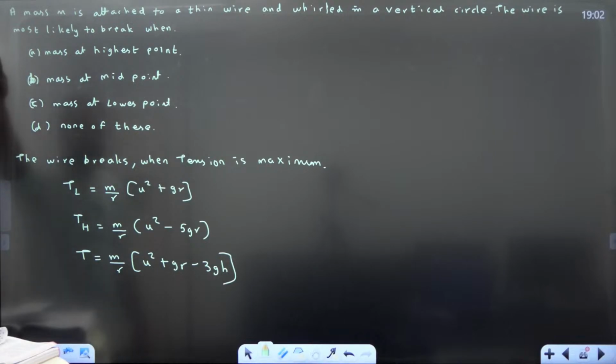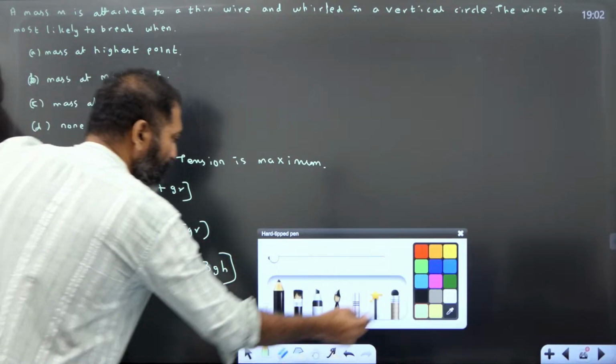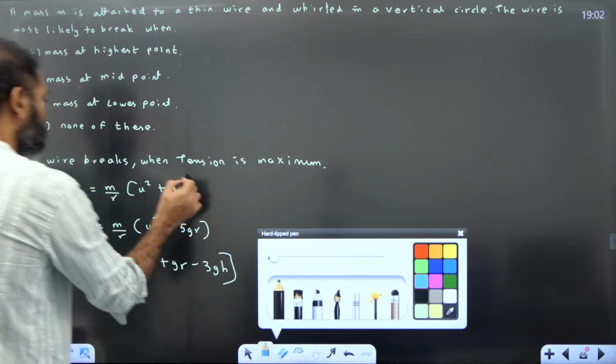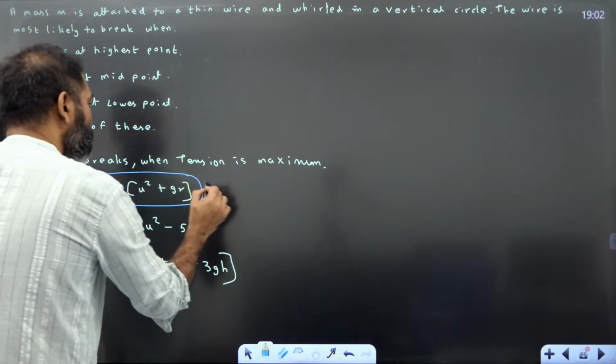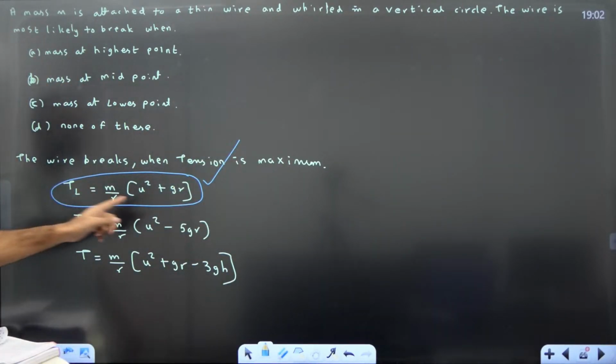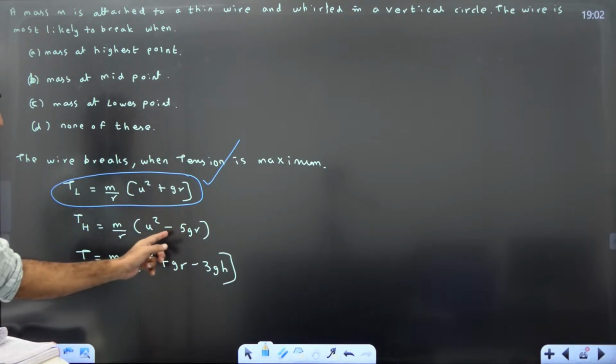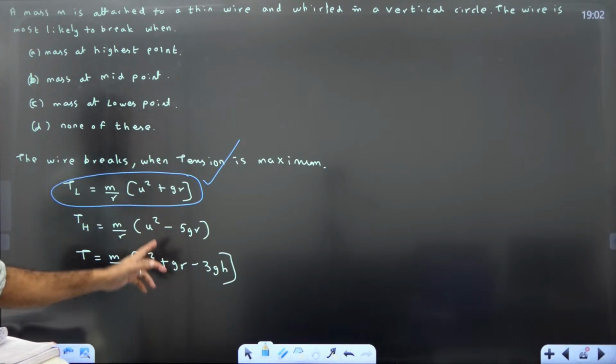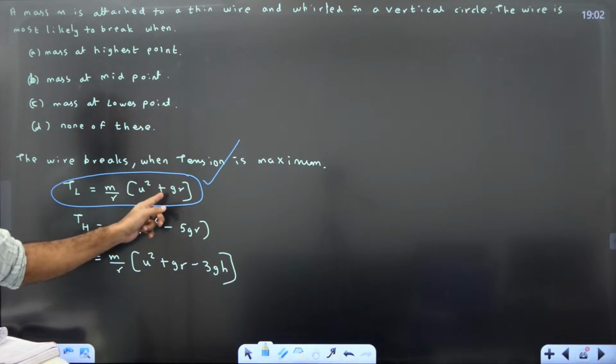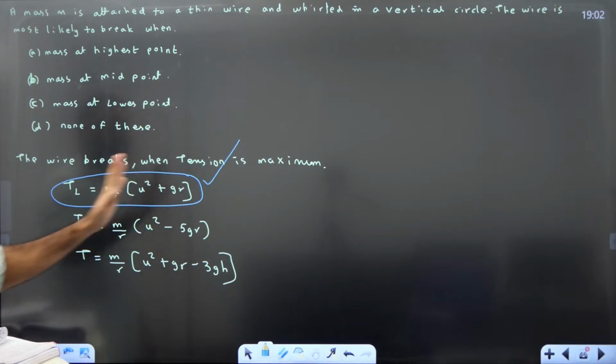So, from this equation, we can understand that tension will be maximum at the lowest point, because in the other equations there is something that is subtracted. In the first equation, tension at the lowest point, it is v square plus gr.